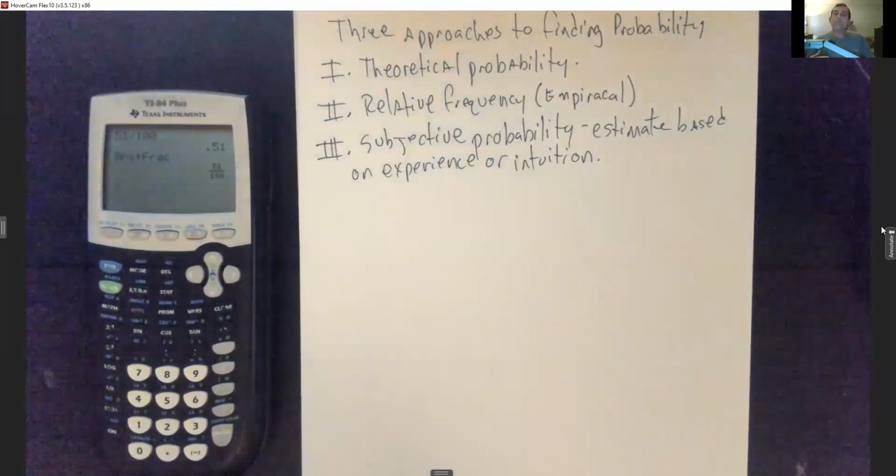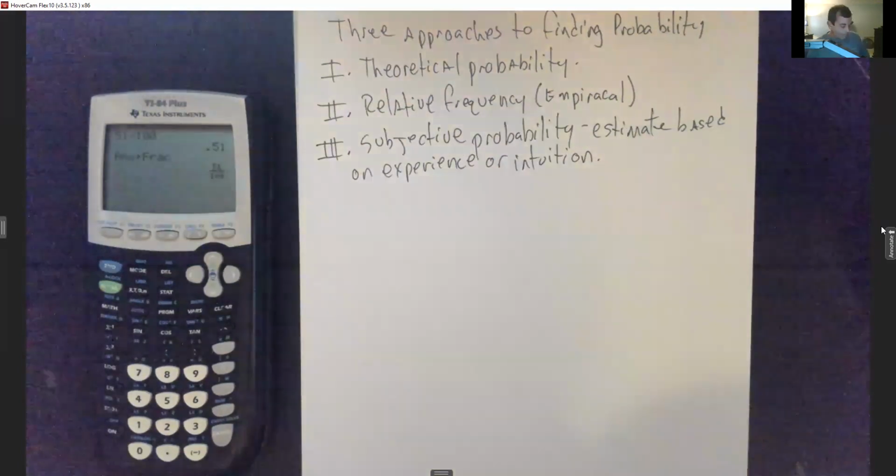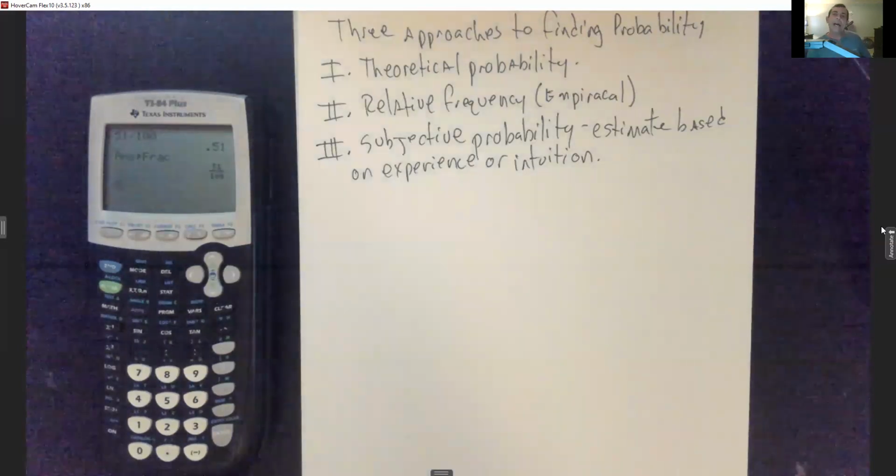Based on that experience, you could estimate your probability on any future events that you're doing, okay? So if you got 50% one time, you'd be pretty inclined to think that you would get that 50% every time you flipped them coins, okay?